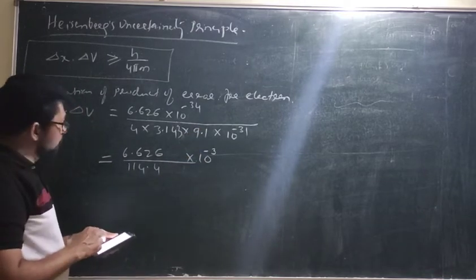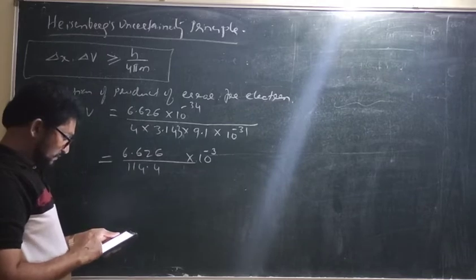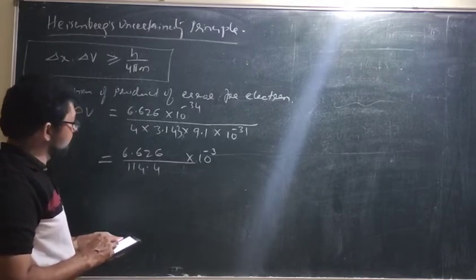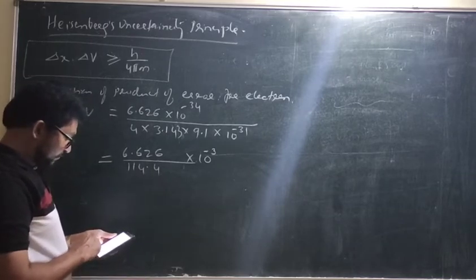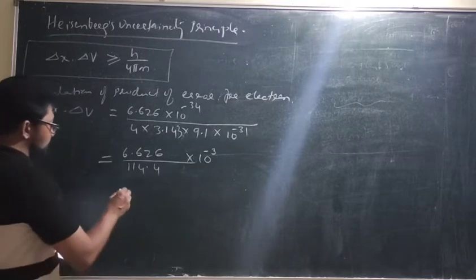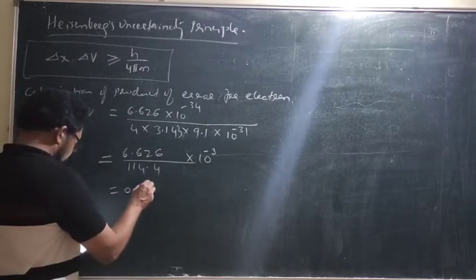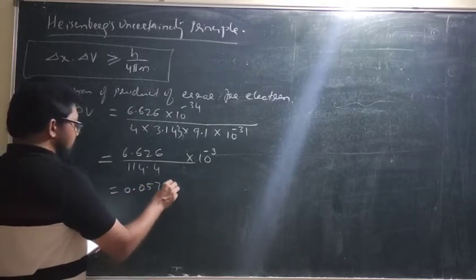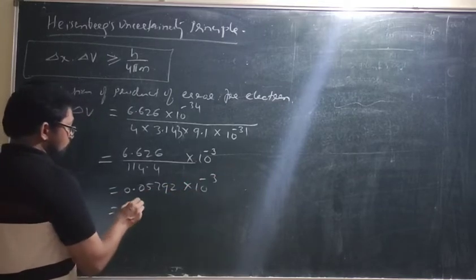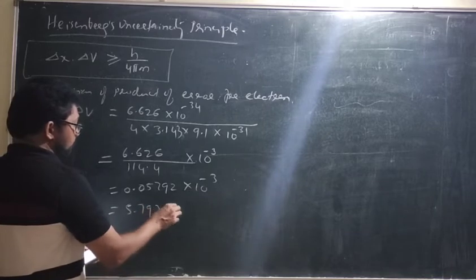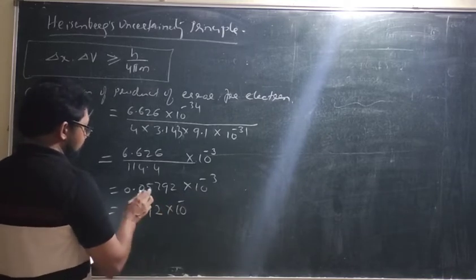So now 6.626 divided by 114.4. So this will be 0.05792 into 10 to the power minus 3, that is 5.792 into 10 raised to minus 5.